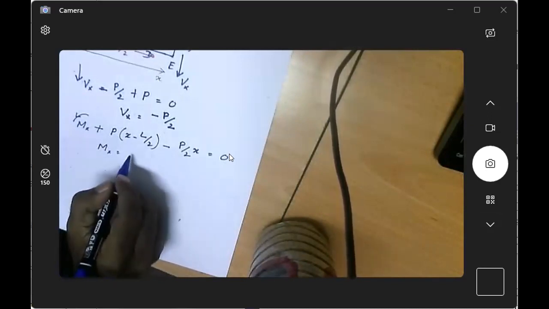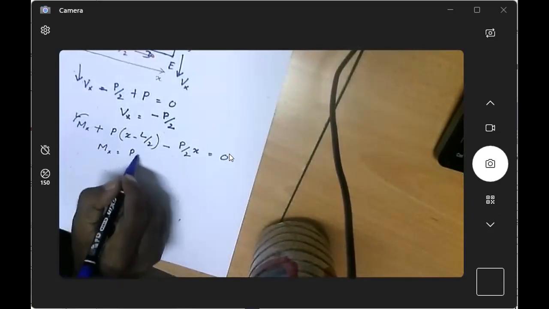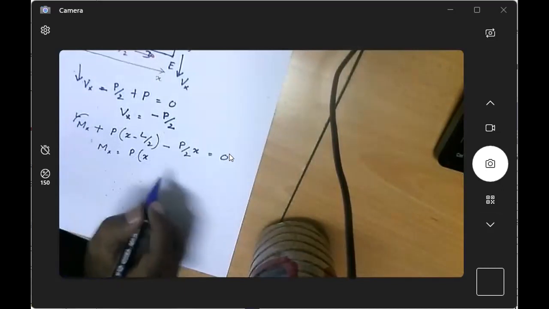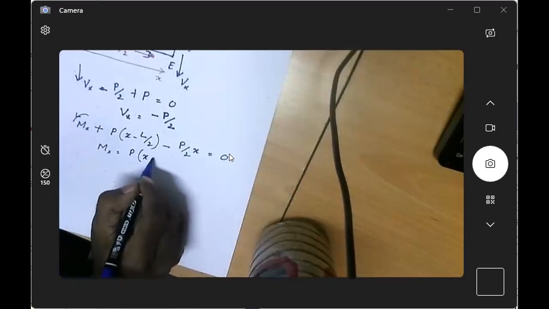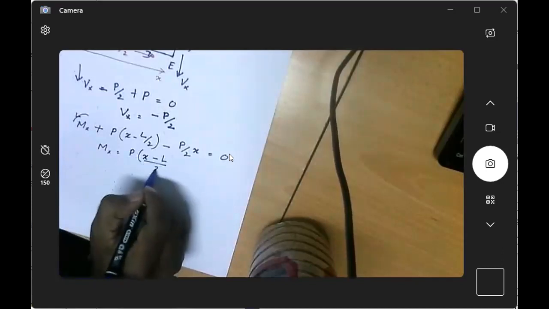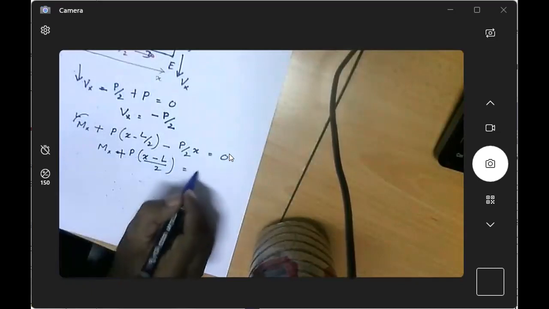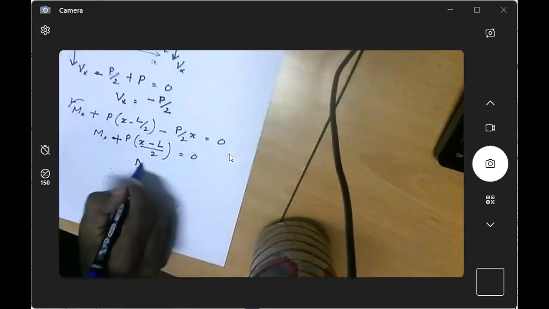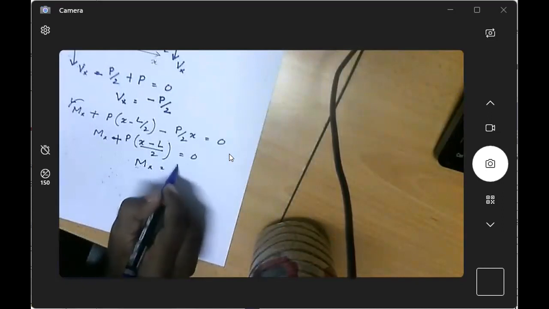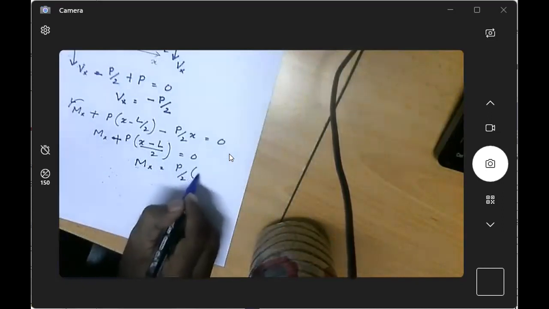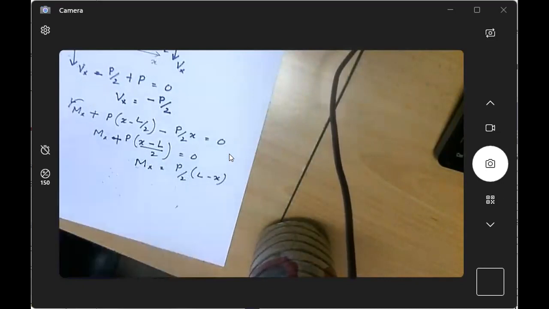Mx is minus P times x minus L over 2, so when it goes to the other side, Mx is P over 2 times L minus x. Correct? Yes, sir. Okay.